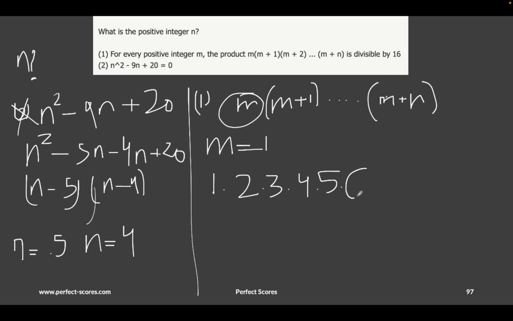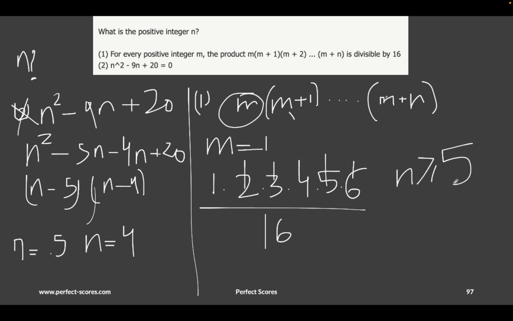The moment I add a 6 here, this whole thing is divisible by 16. That means the minimum value of n should be 1, 2, 3, 4, 5. That means n has to be at least 5. n cannot go lower than 5.